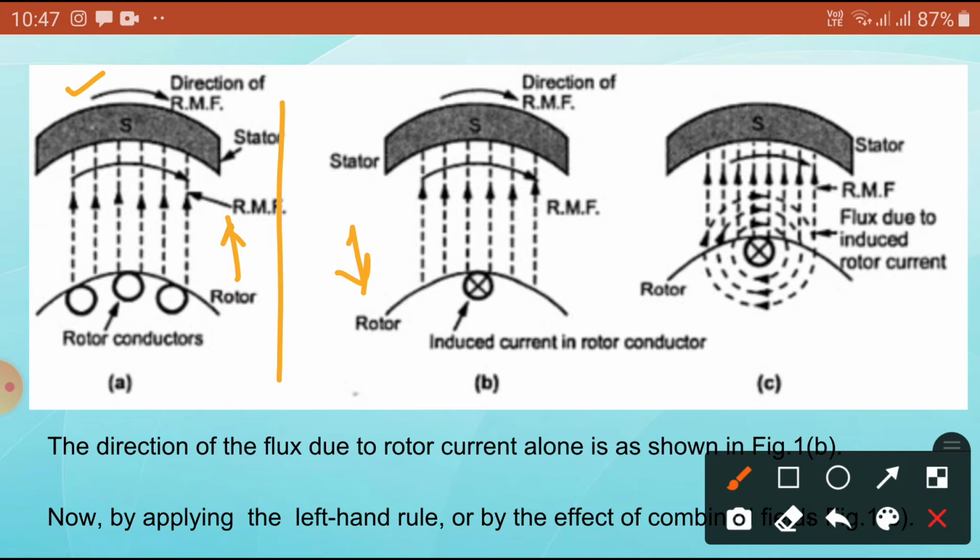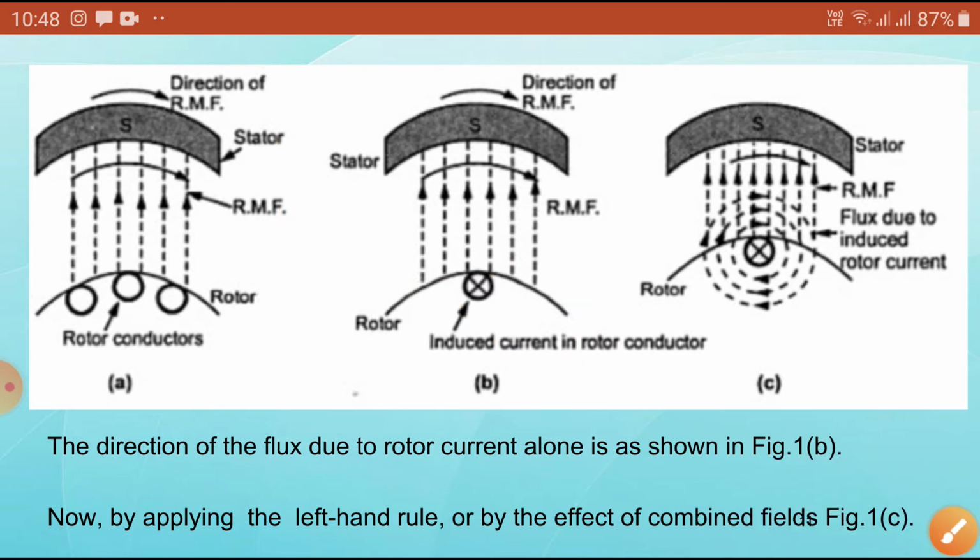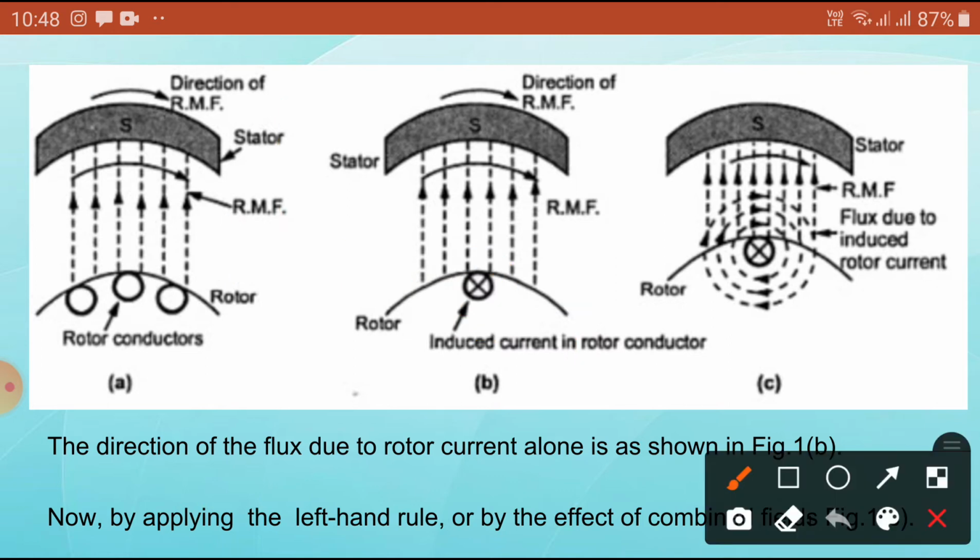Once the current flows in this direction, as per the right hand rule we are going to find the flux direction. The flux is developed in this direction, that is the anti-clockwise direction. Sorry, it is reversed now. It is moving in this direction.